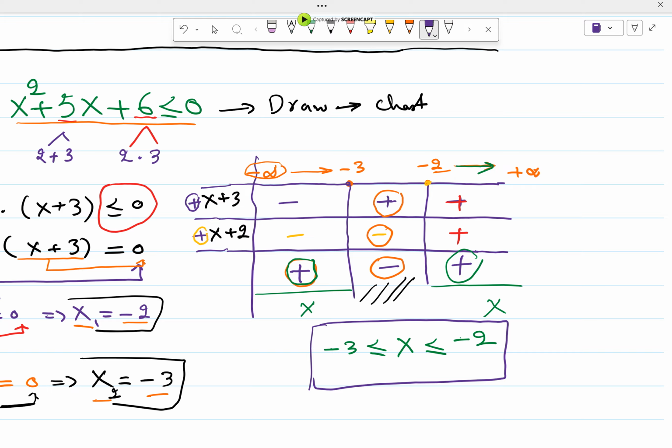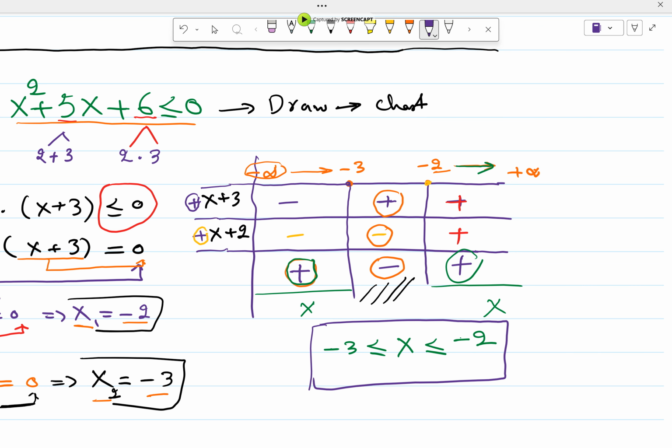We also find that the solution points are minus 3 and minus 2. And if we want to show that as an interval, this is minus 3 and also minus 2. This is the solution interval of our inequality.